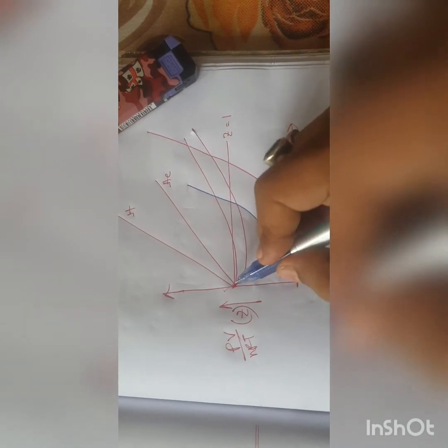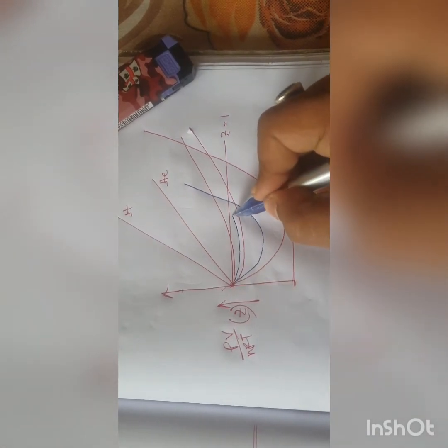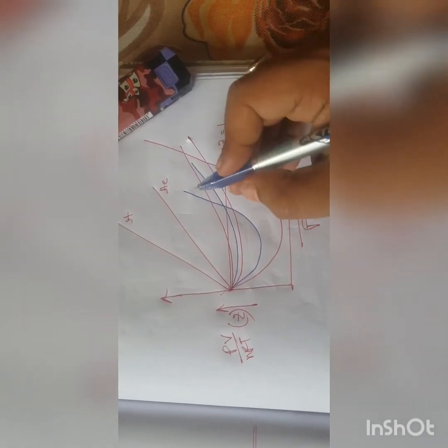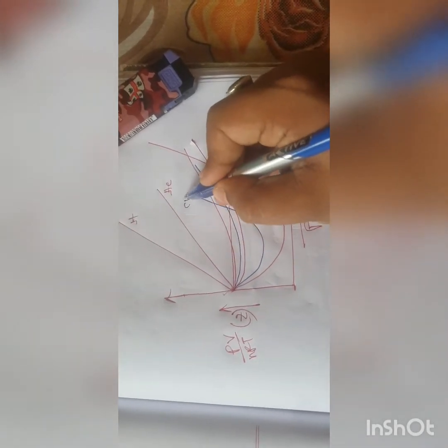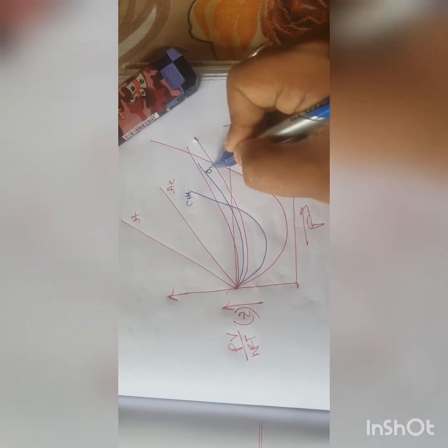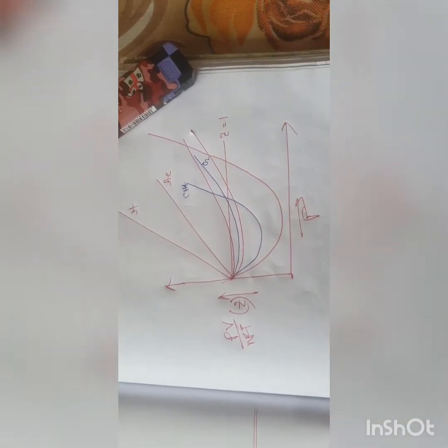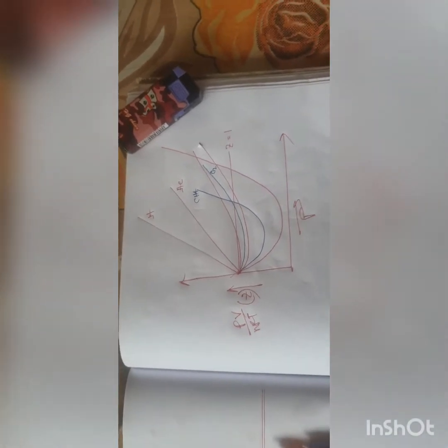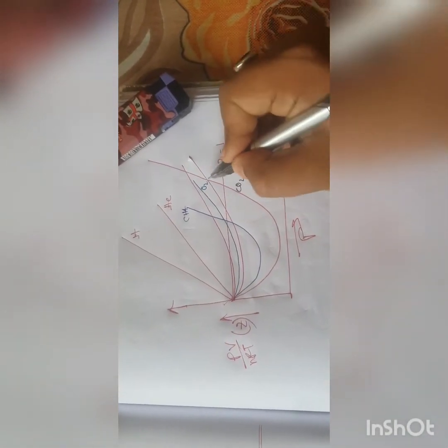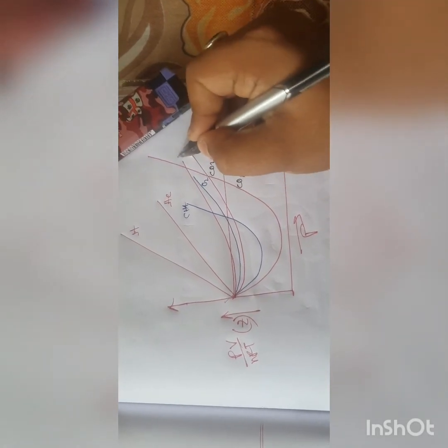With blue pen I am representing different gases, maybe CH4, maybe oxygen. But with these three red pens I have, let me take the same gas, CO2, CO2, CO2.